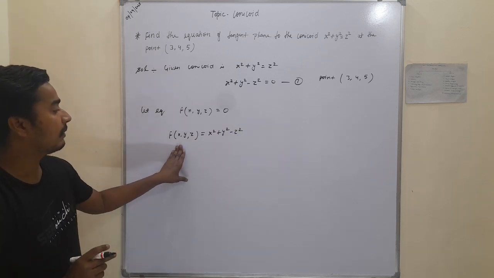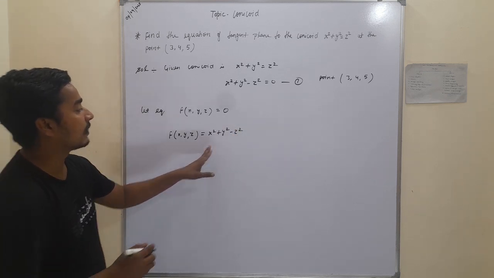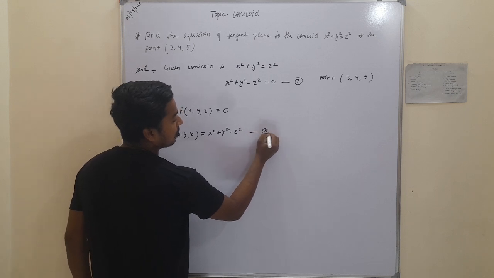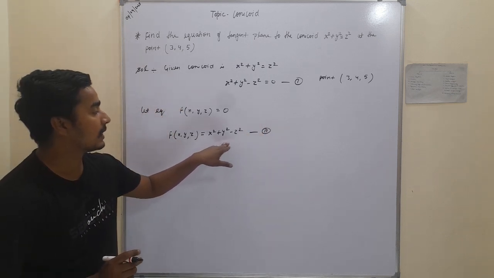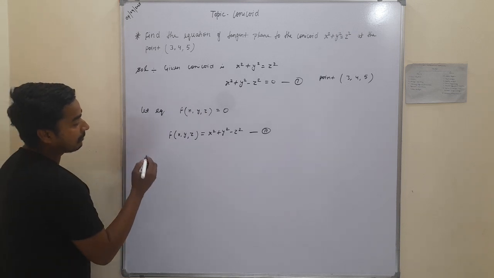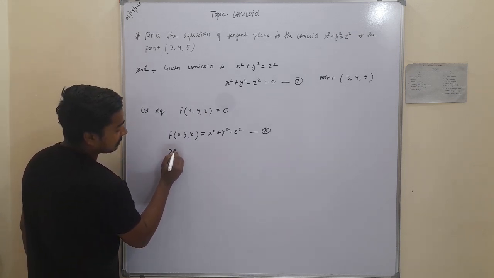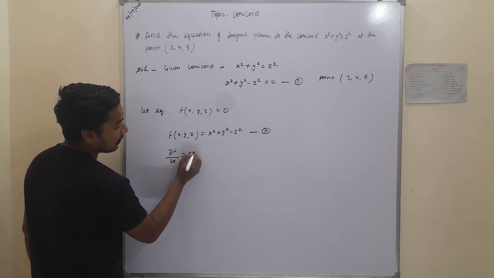Let this be equation 2. Differentiating the given equation 2 with respect to x, y and z separately, first we differentiate with respect to x. This gives del f upon del x is equal to 2x.